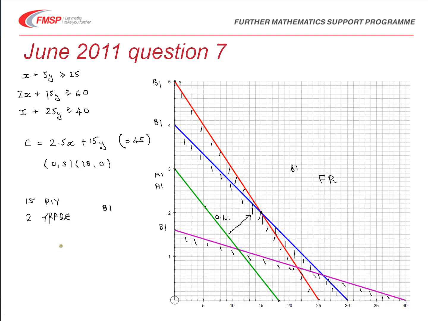We then have to work out the cost, and so it will be 2.5 times 15 plus 2 times 15.